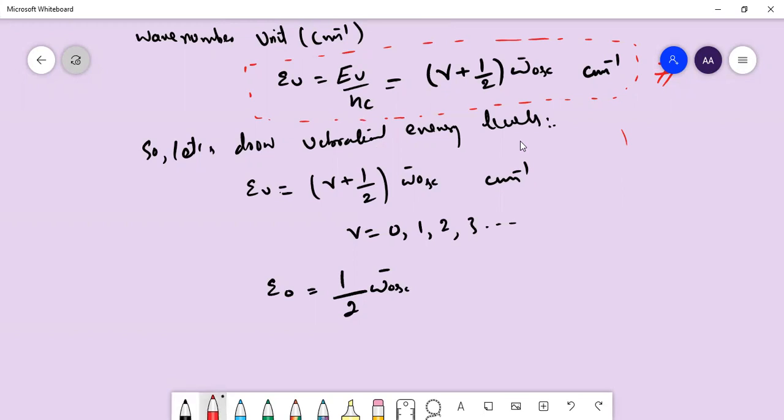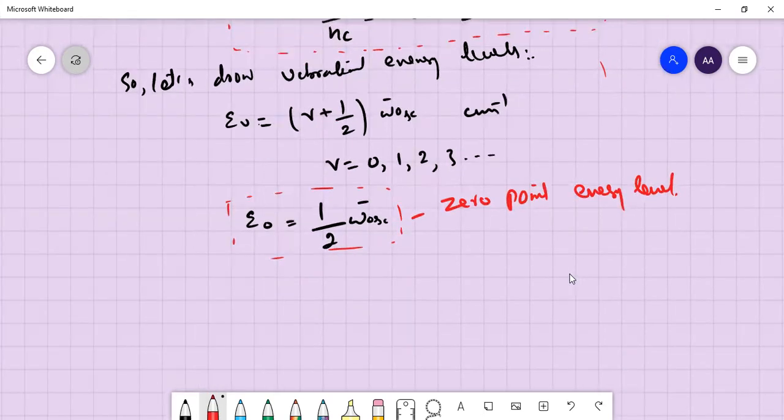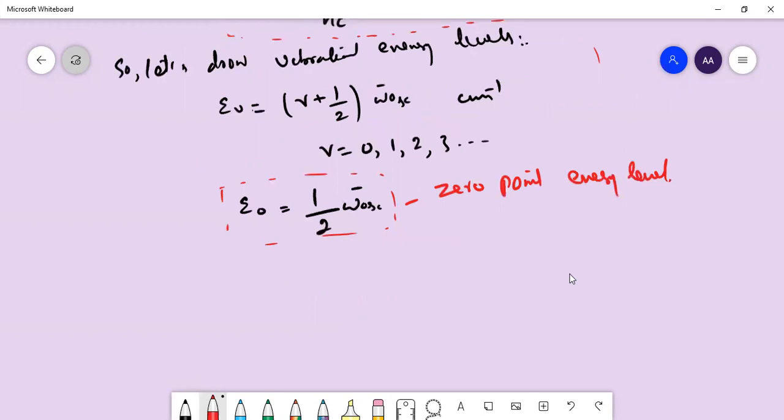This is very important, and this is also known as zero point energy level. What is the difference between rotational spectroscopy and vibrational spectroscopy? In rotational spectroscopy, our lowest energy level was there, and the value of E0 is equal to 0.